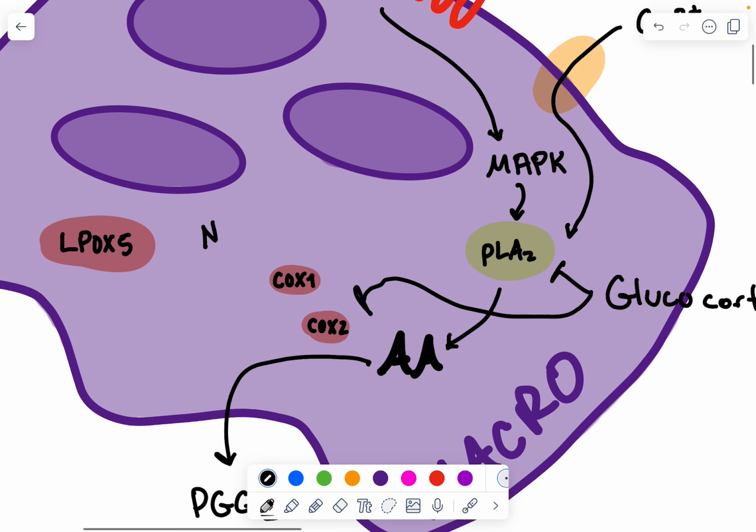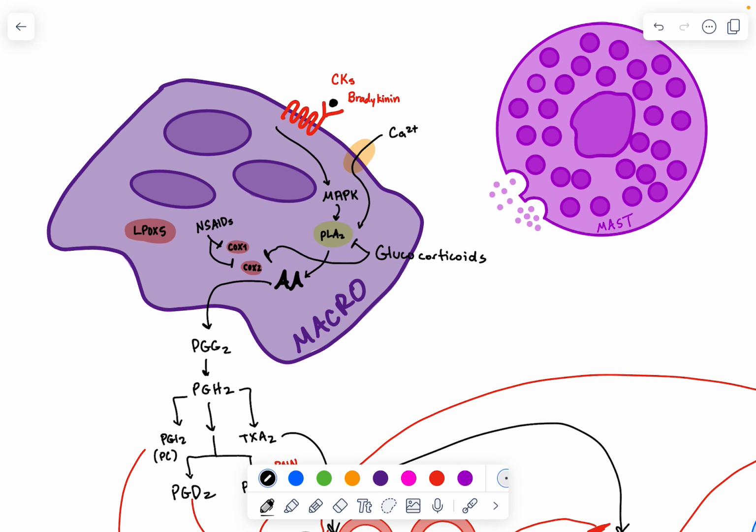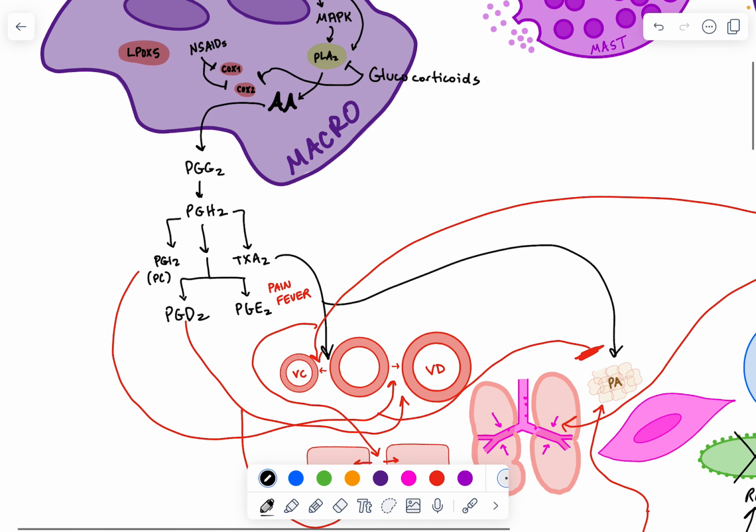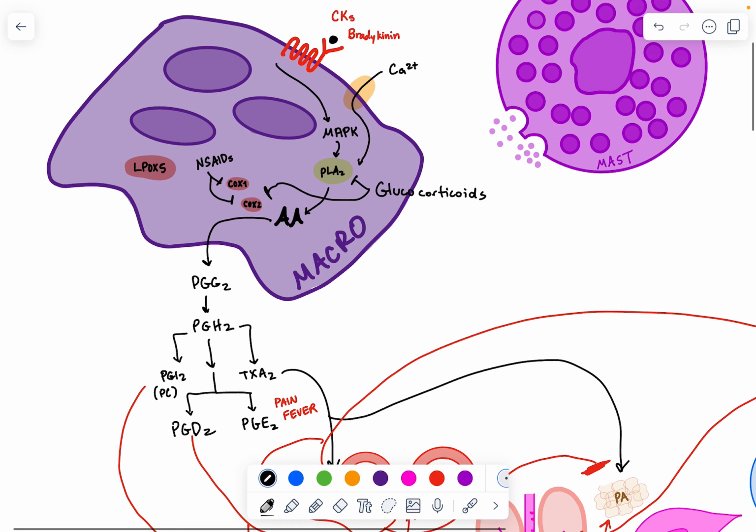Additionally, NSAIDs, or non-steroidal anti-inflammatory drugs, mainly inhibit the cyclooxygenases. What this does is decrease the production of some thromboxanes and prostaglandins. They can lower fever, and they can also lower pain.